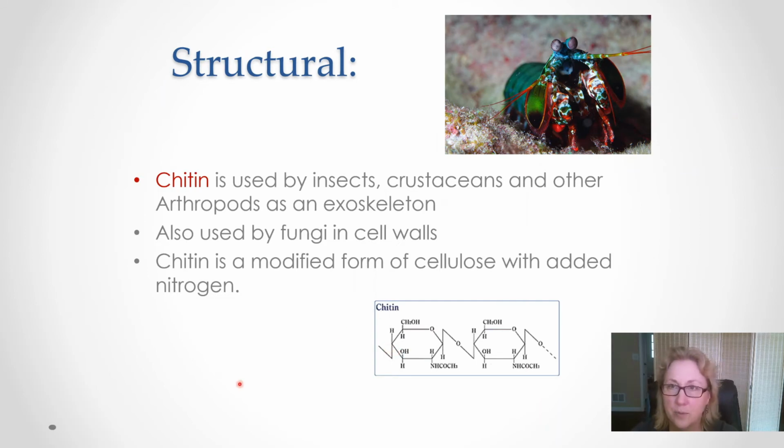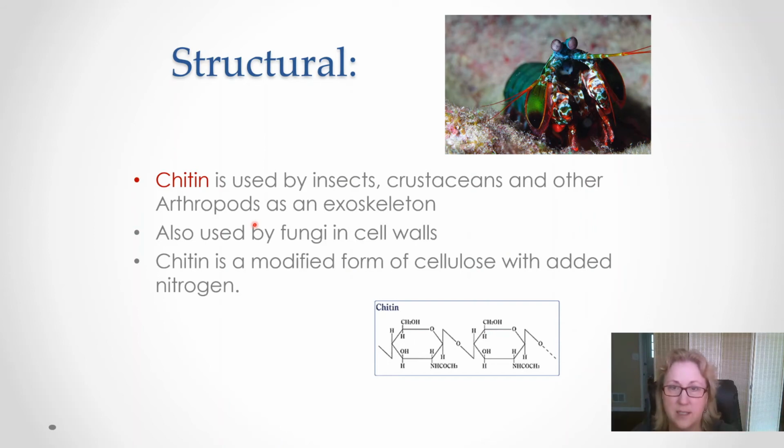There is one group of animals that have a structural carbohydrate, and those are the arthropods. So here's a little shrimp, a mantis shrimp. The arthropods are everything that has a hard exoskeleton and jointed legs. That includes all the insects, bees, wasps, ants.